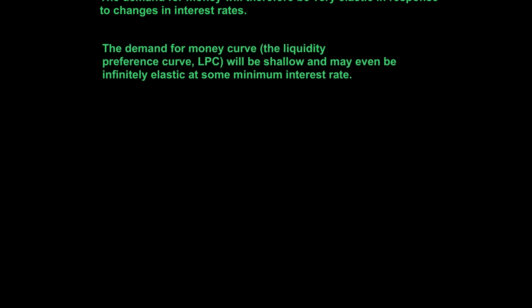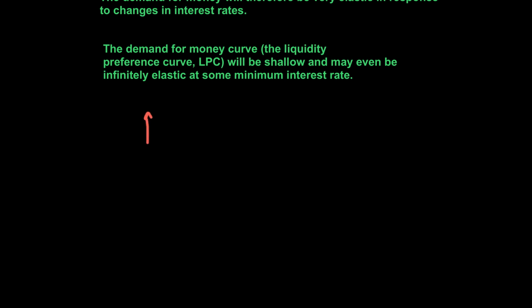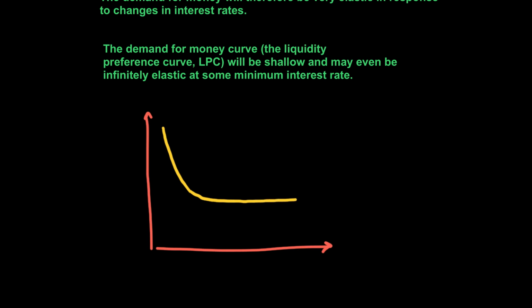So they draw a diagram which is something like this, where the liquidity preference curve is downward sloping but becomes very flat at low interest rates. They say that if the interest rate is, for example, R naught, really low, and people expect interest rates not to fall any further, this means the price of bonds is really high.